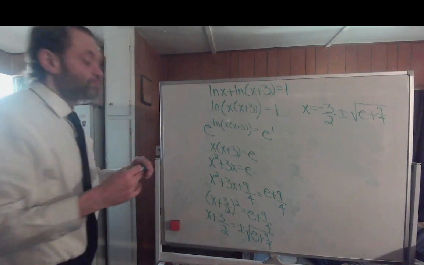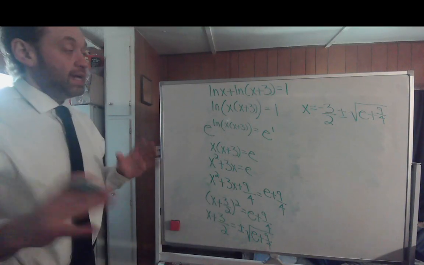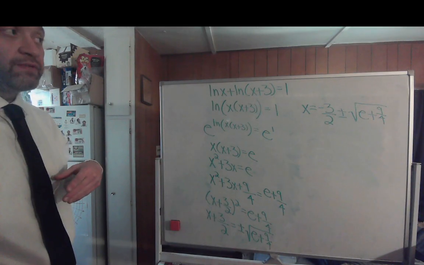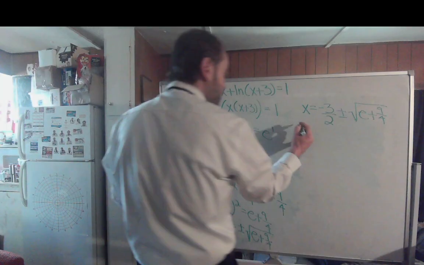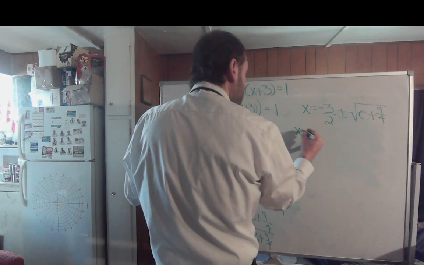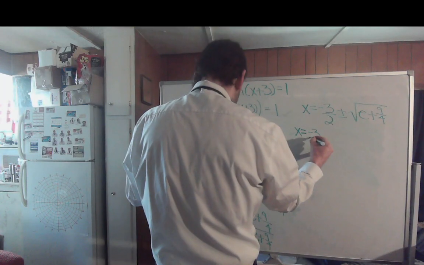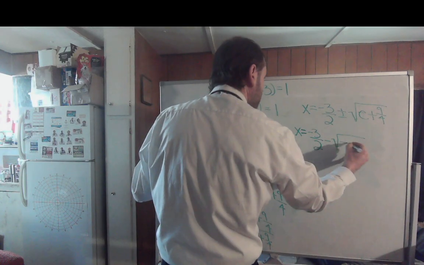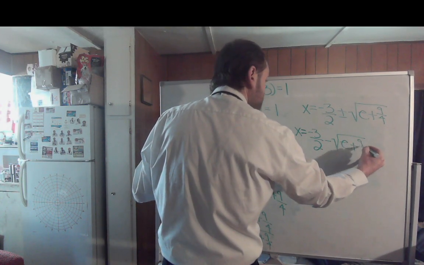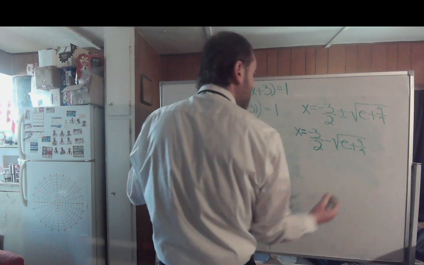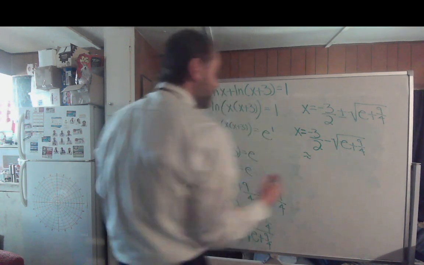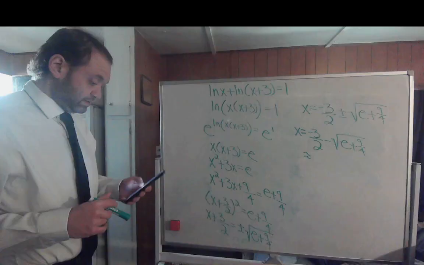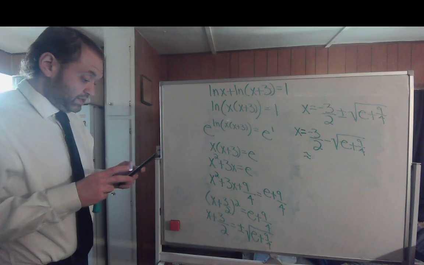Alright, well, again, we're going to have to take some decimal approximations and really figure this out. Let's start with when x equals -3/2 minus the square root of e plus 9/4. Let's get a decimal approximation for that. So let's see.